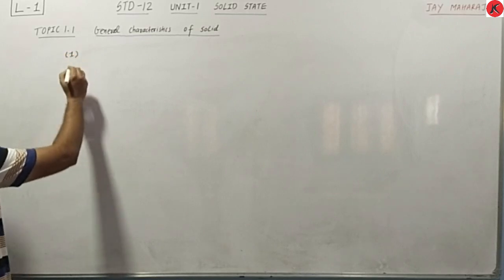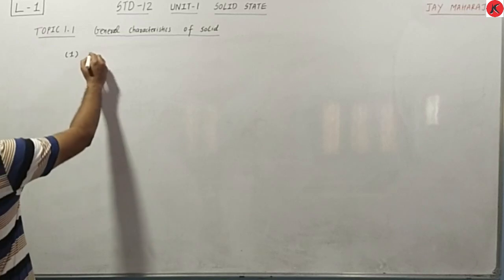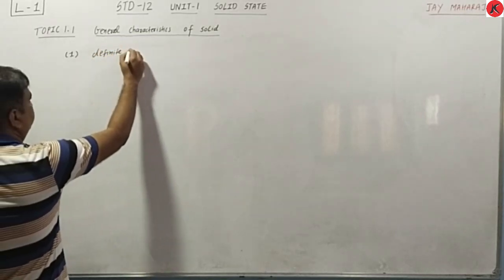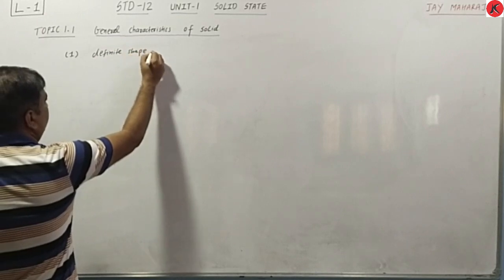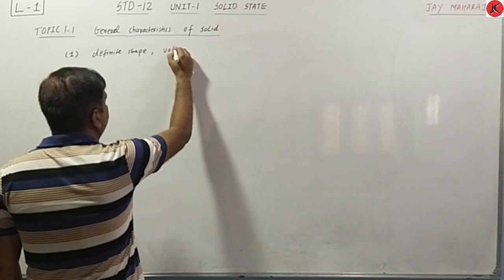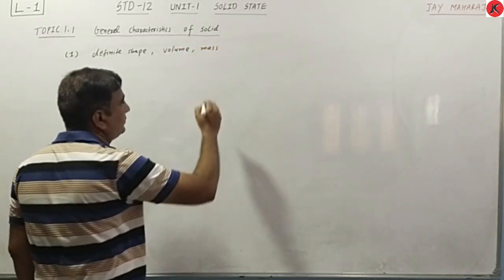First point, we know very well: solid compounds have a definite shape. Again, they have definite volume, and definite mass.